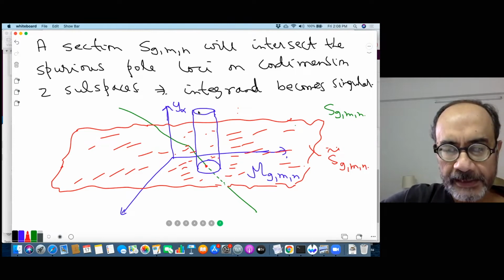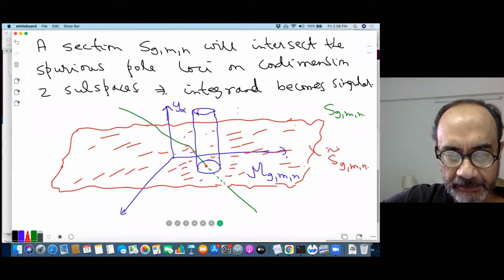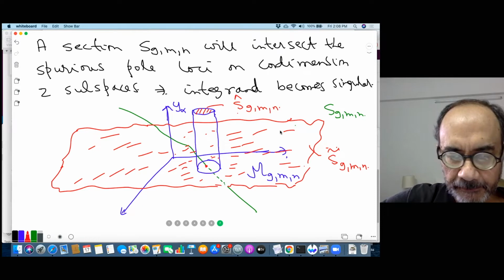Then we also include this disc-like object here. Let's call this S hat GMN. And finally, we include the cylinder.